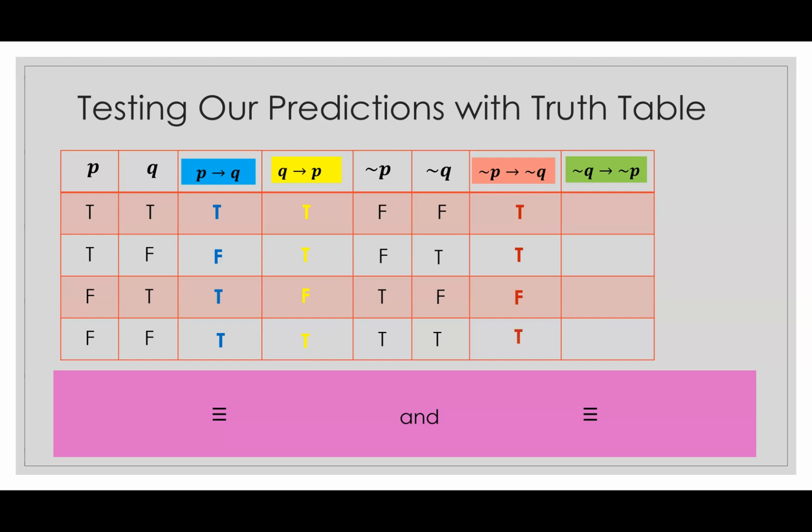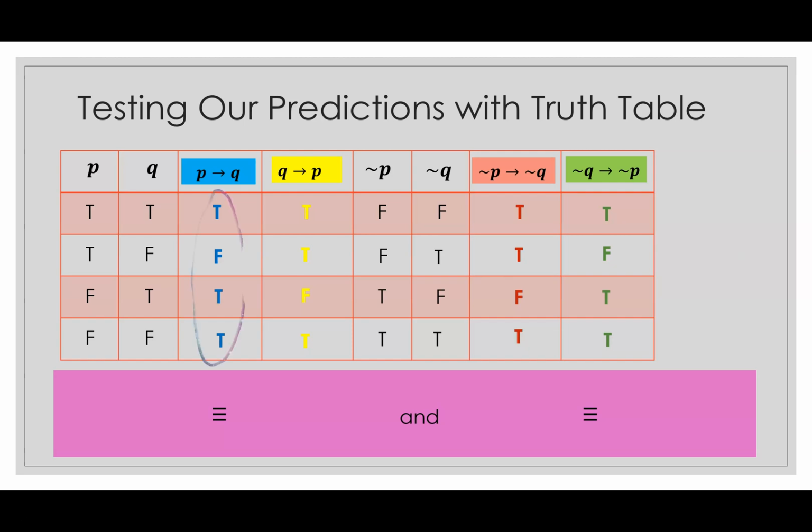Now we're going to go from right to left. If false, then the statement is true. However, if the hypothesis is true and the conclusion is false, then the conditional statement is false. If false, anything goes, so that would be true. And if true implies true, then it is true.